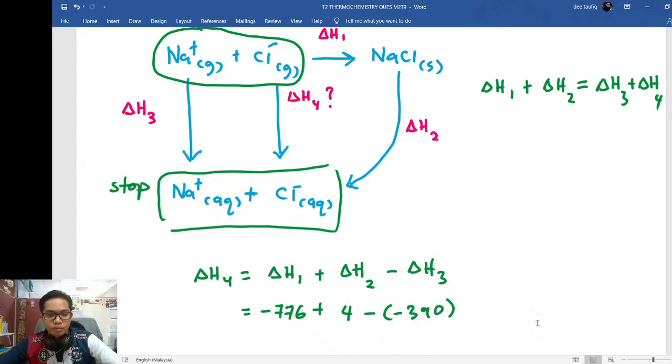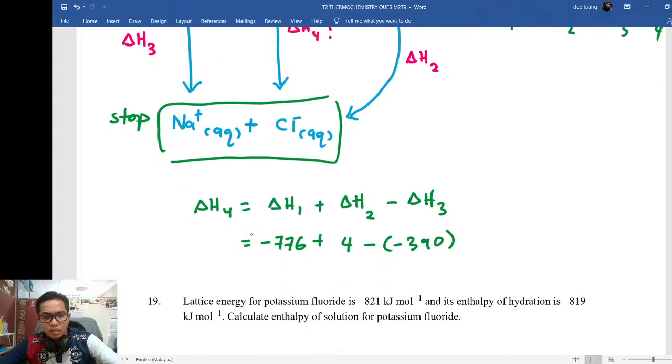So final answer should be negative 382. Q18 unit kilojoule per mole.